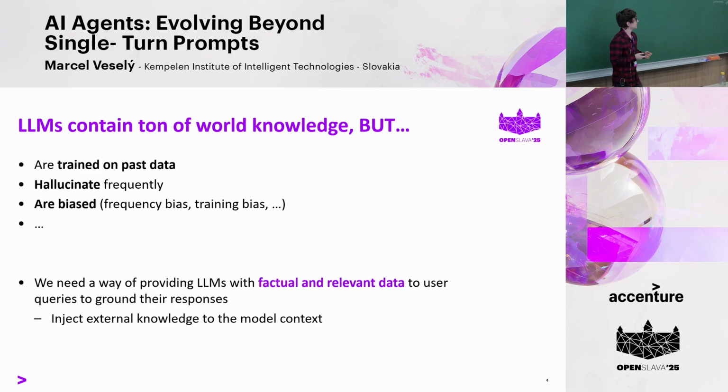And in a certain sense, it may be true. And that's why we need a way of providing LLMs with some additional knowledge, some factual or relevant data, and inject some external knowledge pertaining to a specific question, so that we can bias the model to respond the most truthfully, based on some factual information.